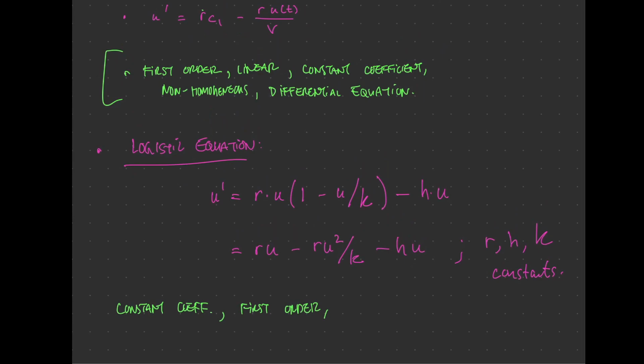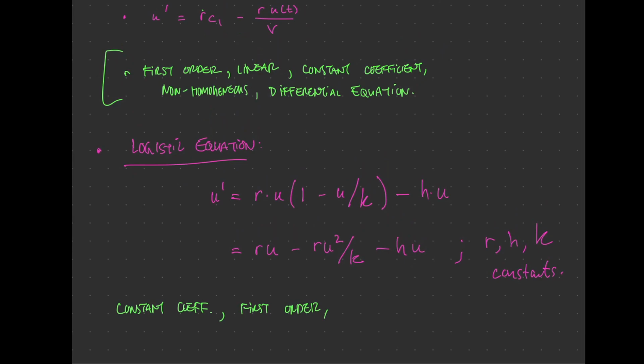We might think it's non-homogeneous, but actually there's no forcing term here, so we don't want to classify it as that. Interestingly, this is an example of an autonomous equation, which we'll be looking at in a little bit. So this is not non-homogeneous. This is autonomous, meaning it doesn't depend directly on t, but don't worry about not understanding what that means.